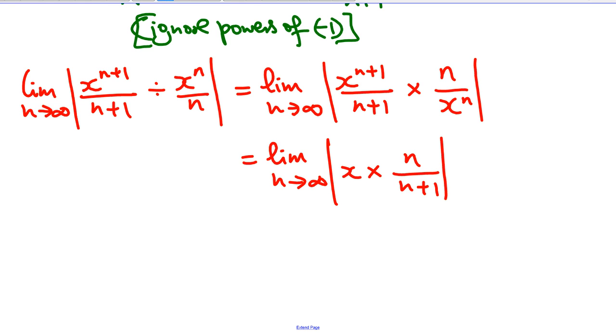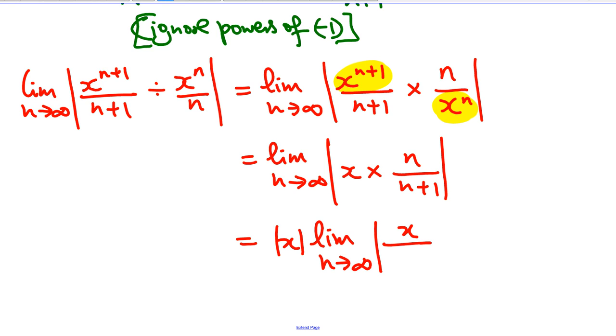You can just use your index laws to simplify those, and we can carry on and say this will be equal to, we can factor out the absolute value of x, the limit as n approaches infinity of n over n plus 1, and this is equal to 1. Use L'Hopital's rule.